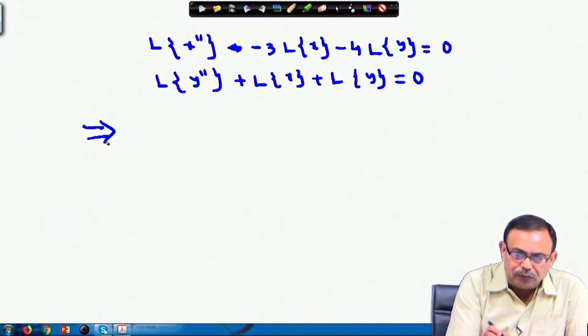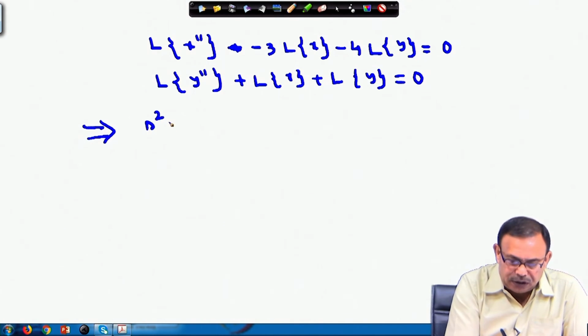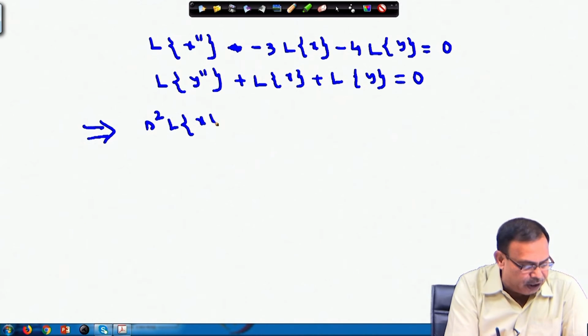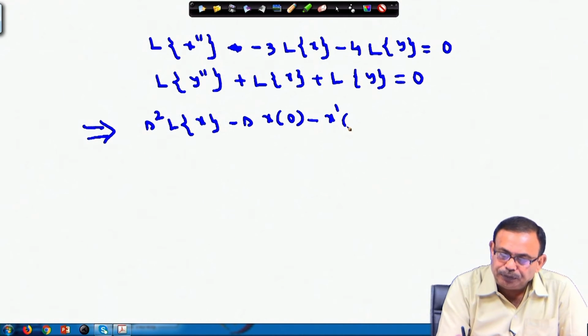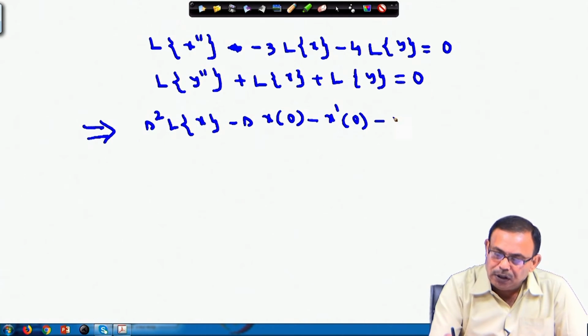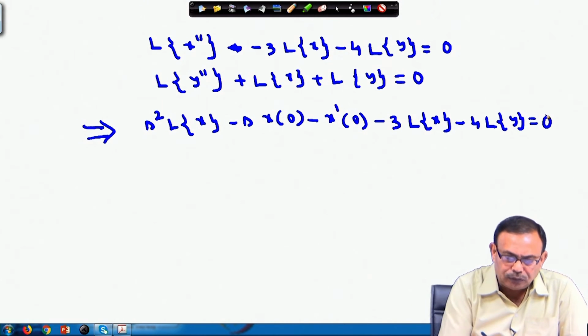So, now for the first equation, Laplace transform of x double dash is s square Laplace transform of x minus s into x 0 minus x dash 0, minus 3 into Laplace transform of x minus 4 into Laplace transform of y, this is equals to 0.